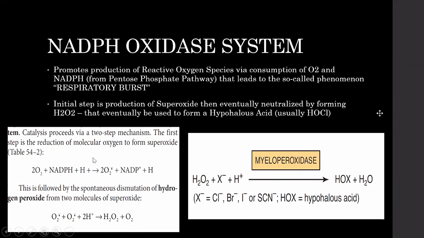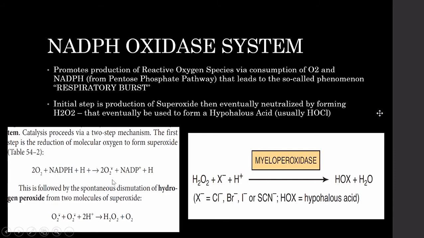Okay. The first step is the reduction of your molecular oxygen to form your superoxide. So, molecular oxygen with the help of your NADPH and hydrogen will form your superoxide.